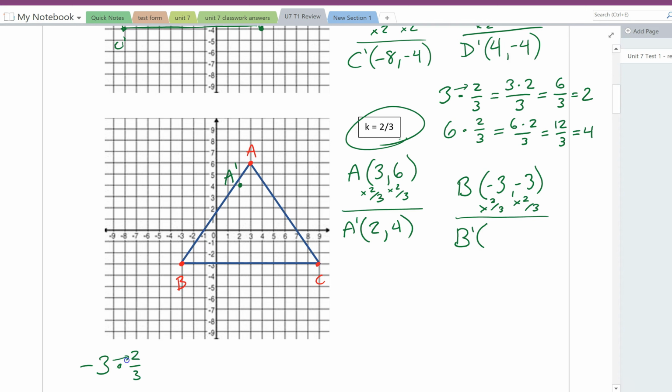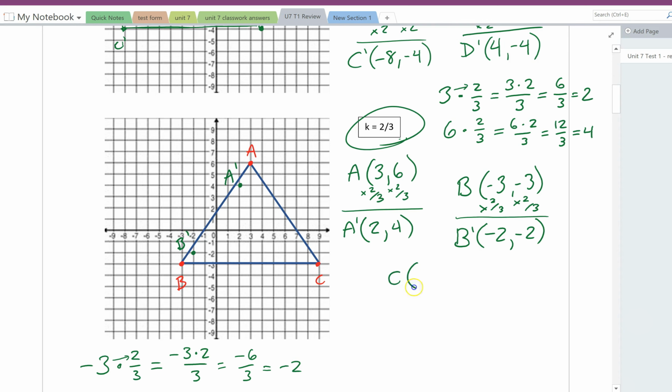I just multiply the -3 by the 2. That's still over 3. I don't change the denominator. -3 times 2 is -6. So I have -6/3, which is the same thing as -2. And I could go through and do that again for the y value, but I don't have to. Right? I know it's -2. So B prime is at -2, -2.